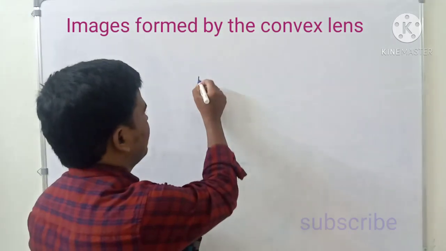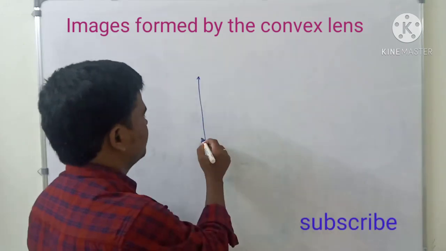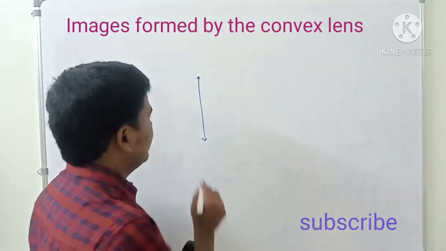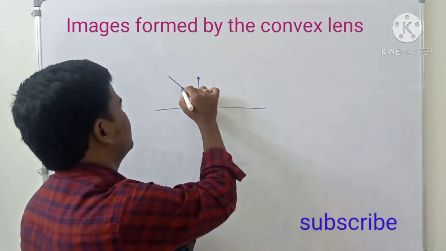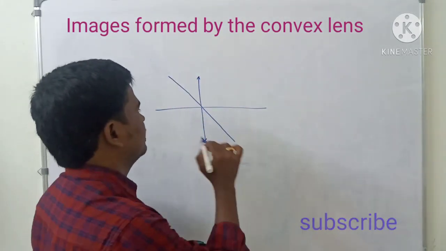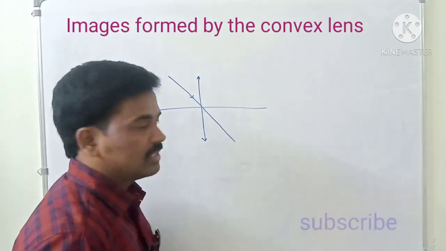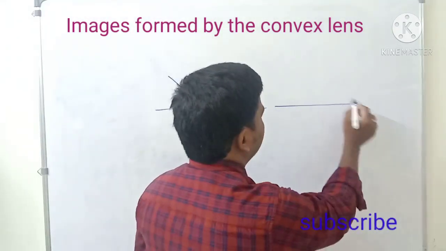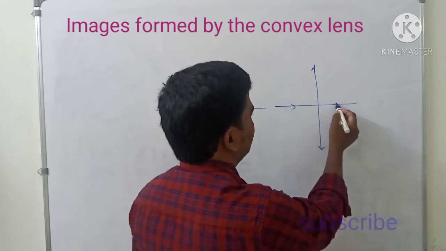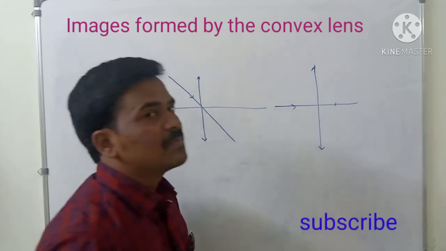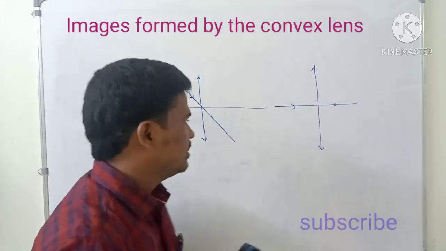The first ray is, this is the symbol for convex lens. The first ray we learned is the ray which is going to the optic center, that doesn't deviate. What is the second ray we learned? The ray which is going along the principal axis also doesn't deviate.